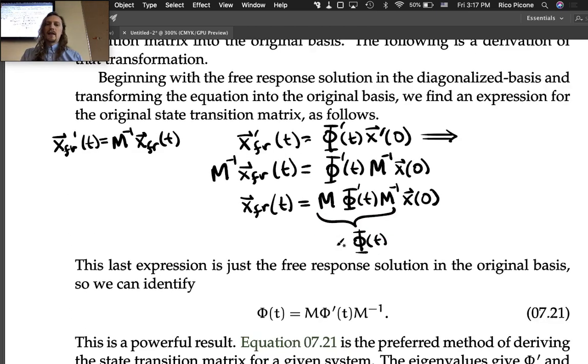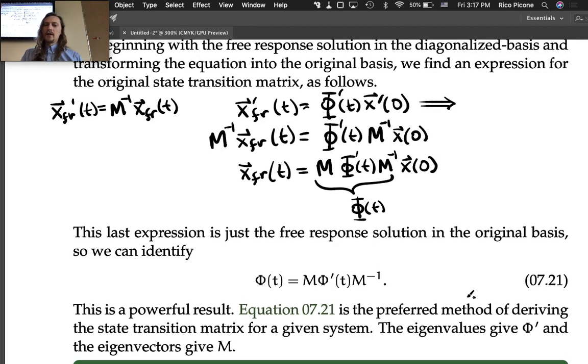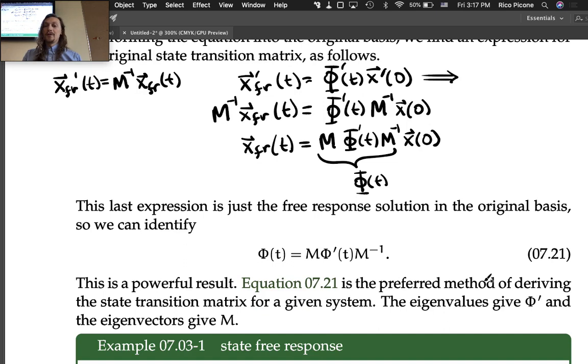This last expression is just the free response solution in the original basis, so we can identify that phi is just m phi prime m inverse. This is a powerful result because we can use this as our preferred method for deriving the state transition matrix for a given system. The eigenvalues give us phi prime.